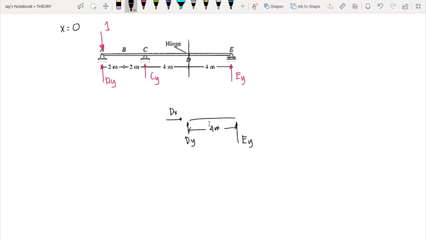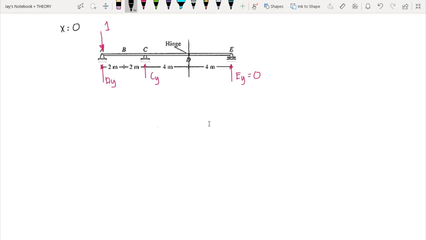So summation of moment at D is equal to 0, counterclockwise positive. However, take note, we do not have external forces on the right side of D, so we can say directly that EY is equal to 0.